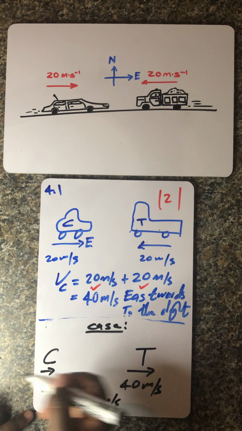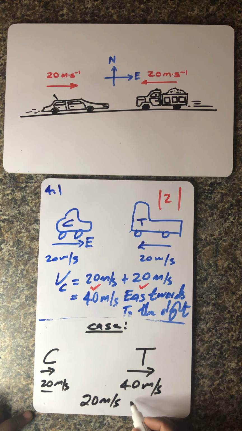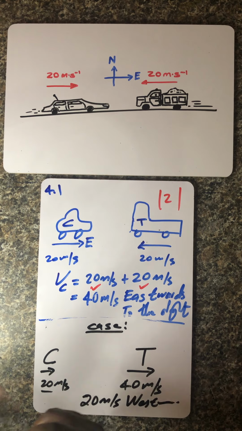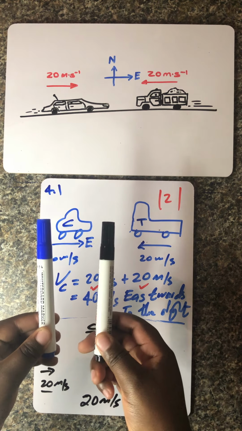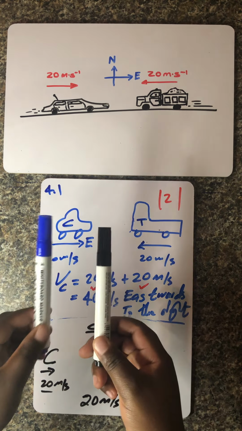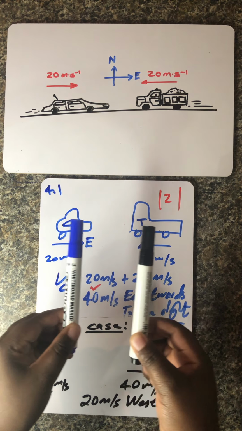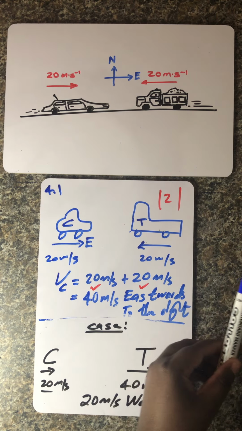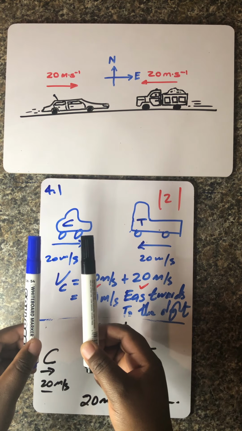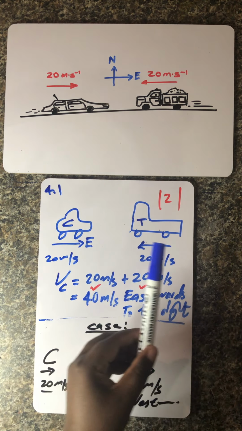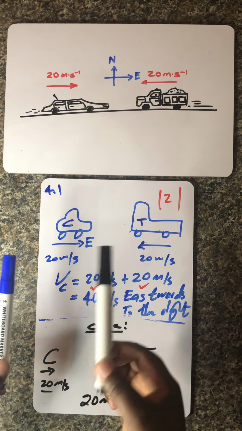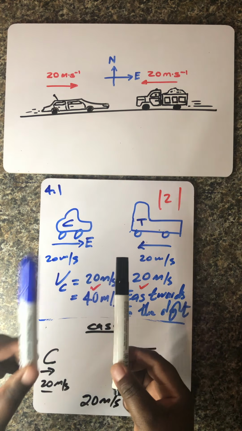It seems as if it's moving in the opposite direction, which is westwards. How is it the case? If this is the truck and this is the car, in this case they are not both moving at 20 meters per second, but the other one is moving a bit faster. Can you see, ladies and gentlemen?